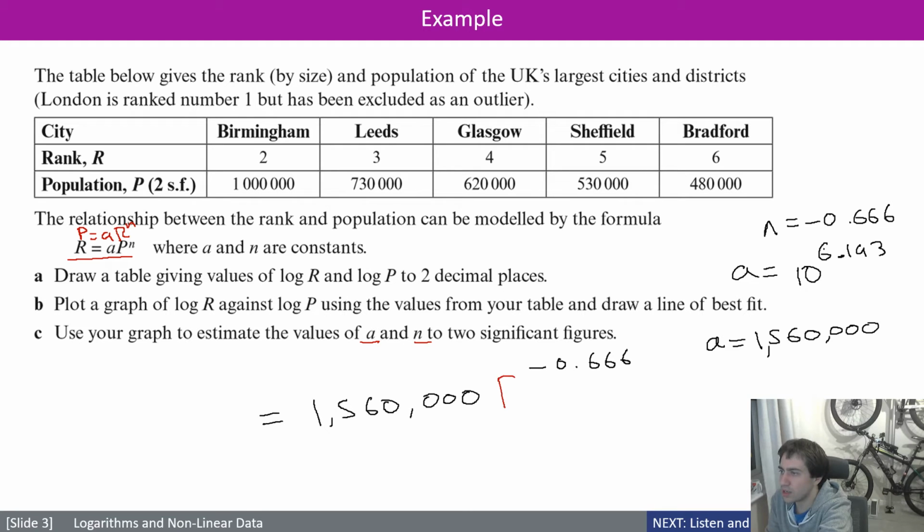Because if the rank is 1, it's estimating a population of 1.5 million, which is not right for London because there's an outlier, but that's actually a meaningful value. Yeah, it should be the other way around. Everything else is all the same. But yeah, that makes far more sense. Given the rank, what is the population? Cool. All right. So that's it. That's the method. Let's take a look now at the second case.